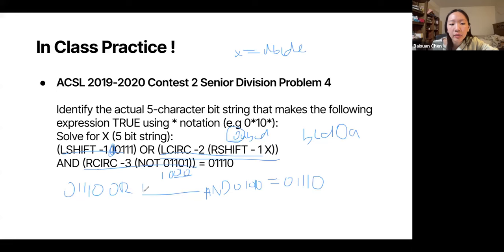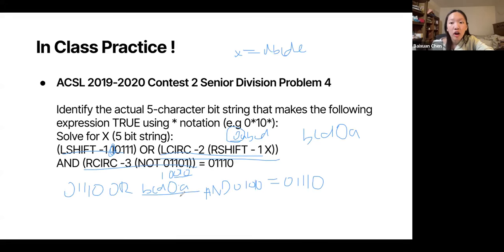So then we know we can put it in here. And we know BCD0A, or 0, 1, 0, 1, 0, is equal to 0, 1, 1, 1, 0.